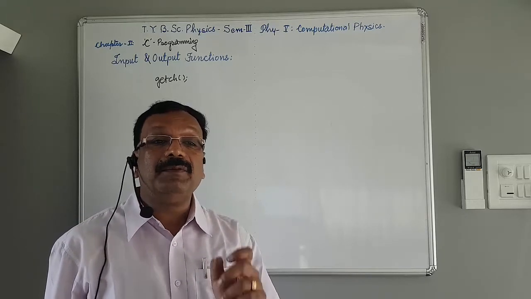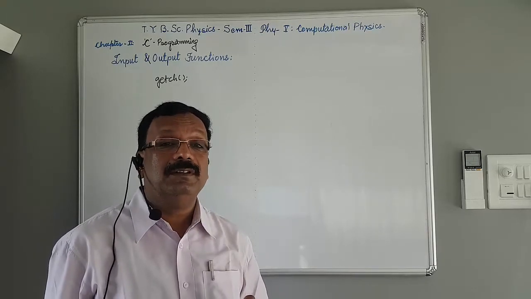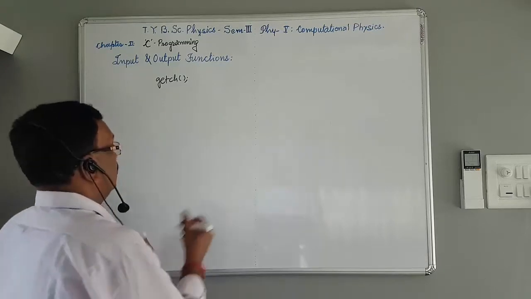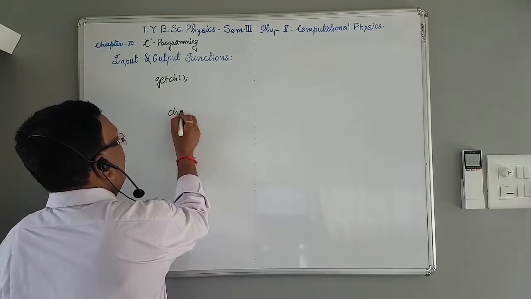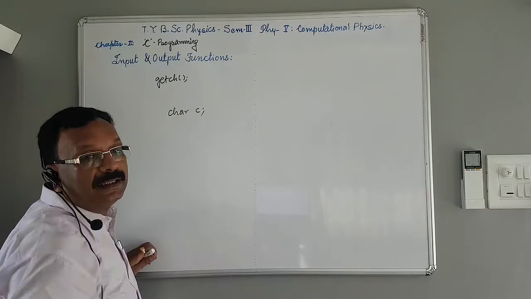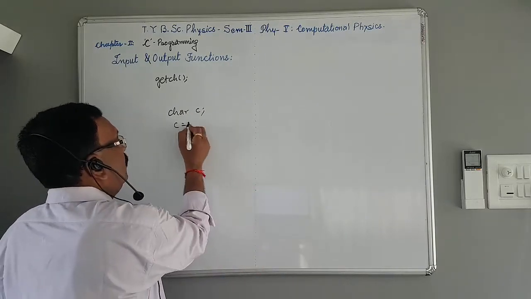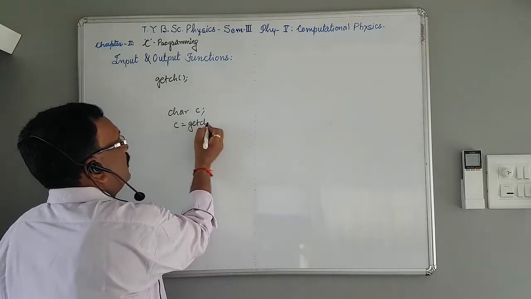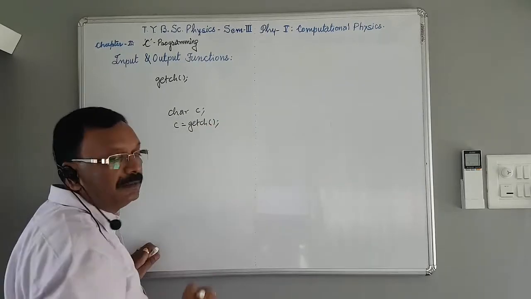It reads a character without echo to the screen. For example, again char c, a single character, then c is equal to getch.